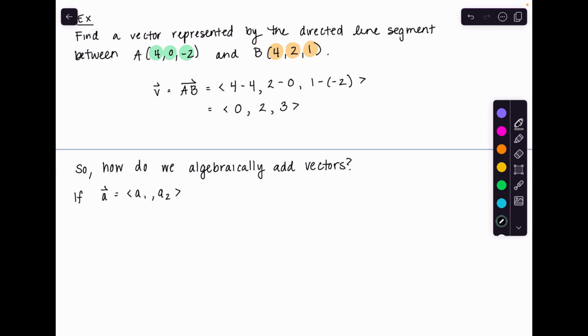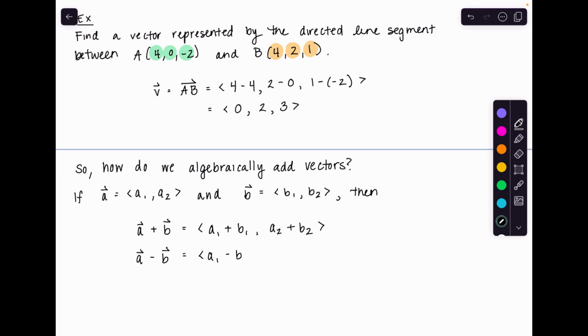If A moves A1 in the X, A2 in the Y, and vector B has components B1, B2, then if I take A and I add vector B, all I'm going to do is add component-wise. So we do A1 plus B1, A2 plus B2. If I do subtraction, A minus B, we subtract the like components.